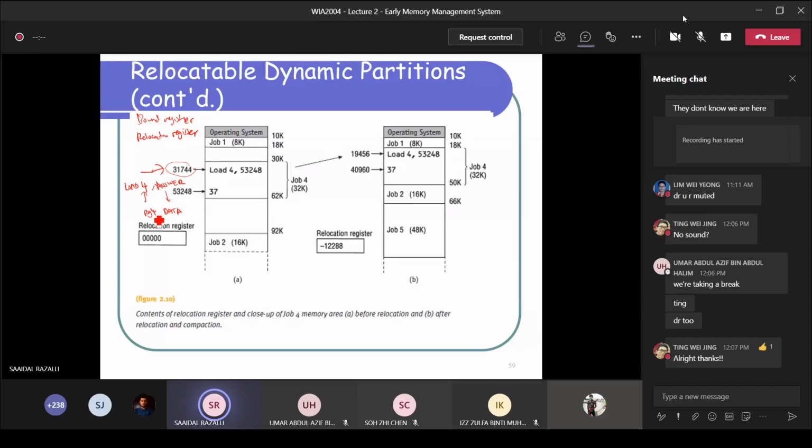The answer value is 37, which is located at address 53248.